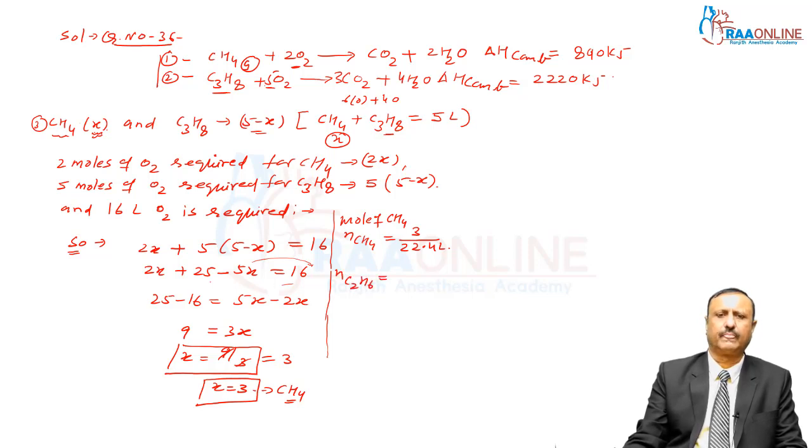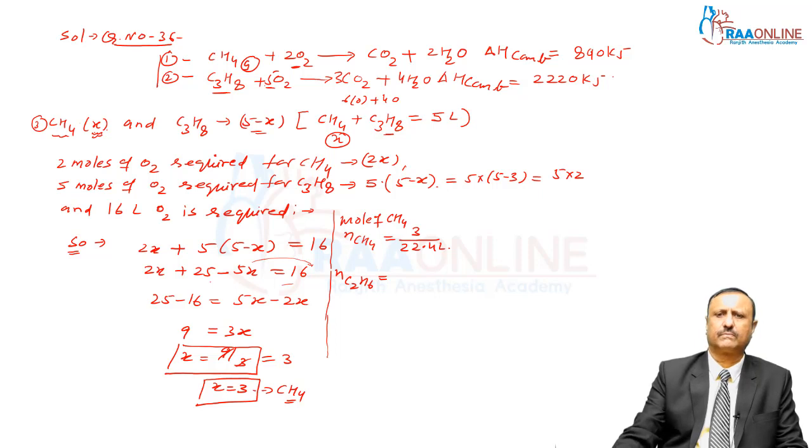Now we can take the nC3H8 propane. Here for propane, we can see it is 5 into 5 minus x, and x is equal to 3. So 5 into 5 minus 3 equals 5 into 2. My dear students, 5 minus 3 is 2.